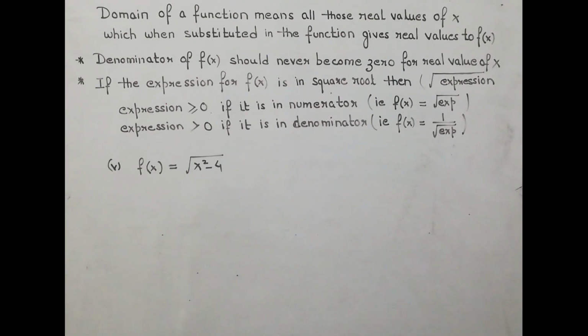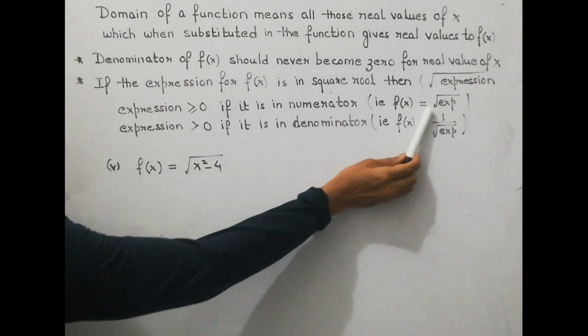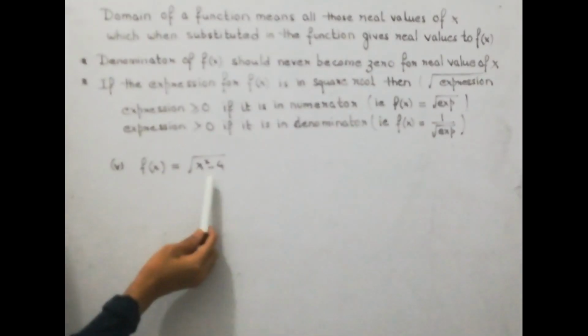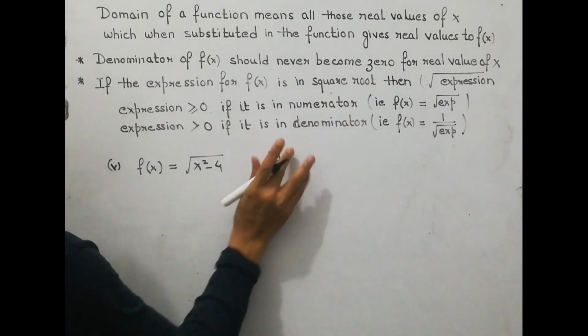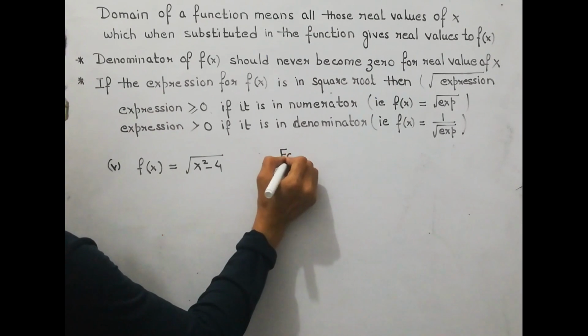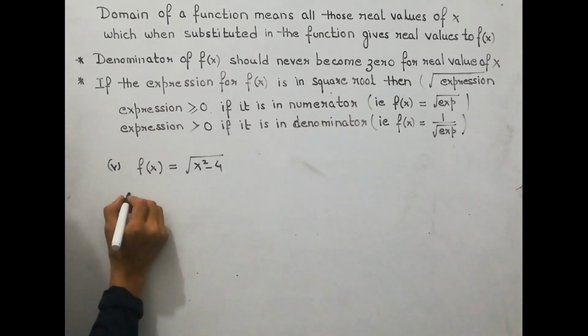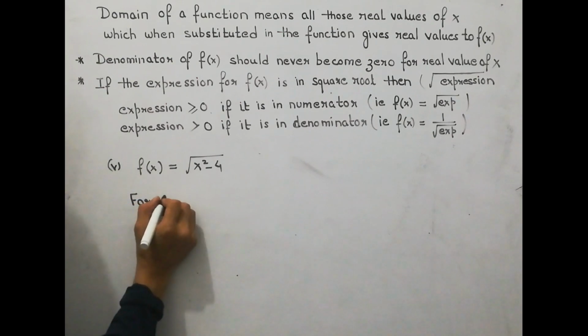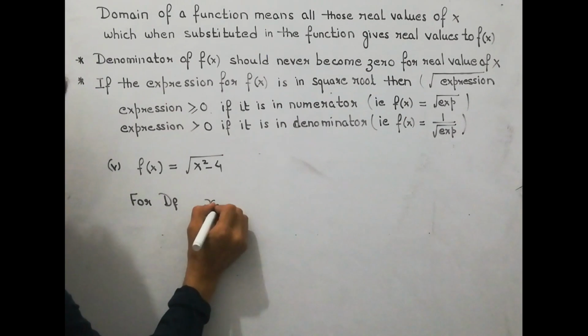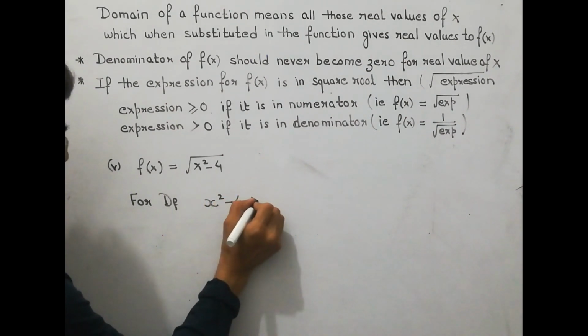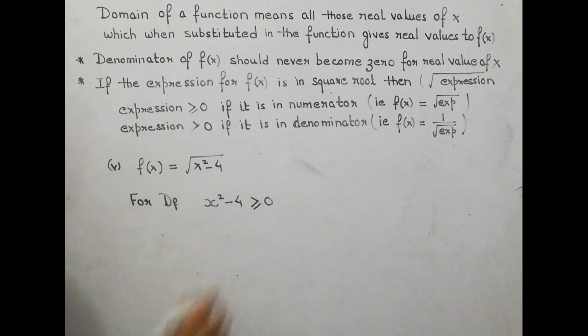Now if you see, the expression is under the root sign lying in the numerator place, this one. So here you can say, for the domain, x square minus 4 should be greater than or equal to 0.